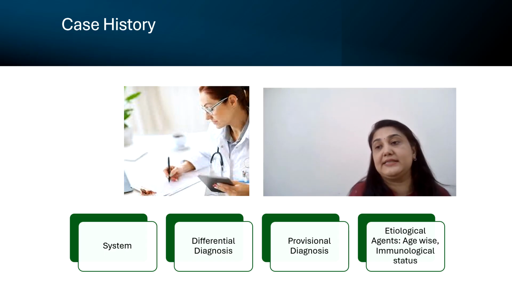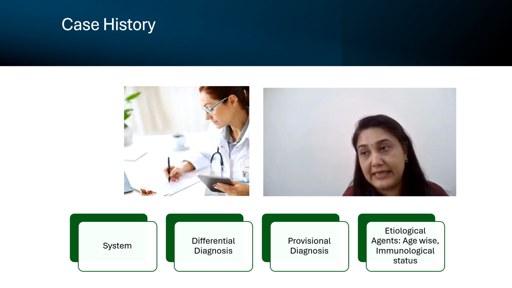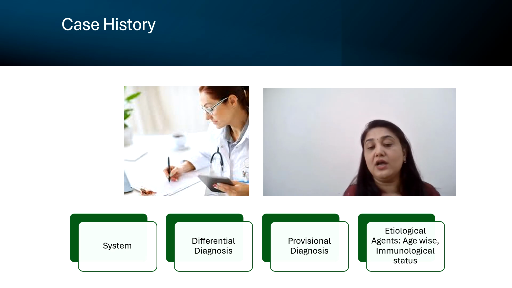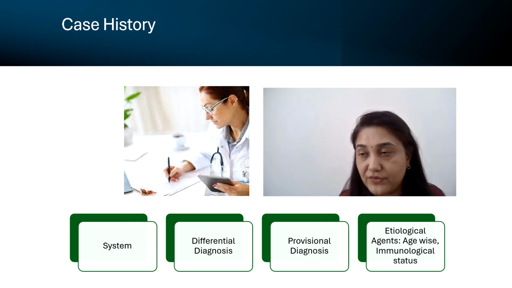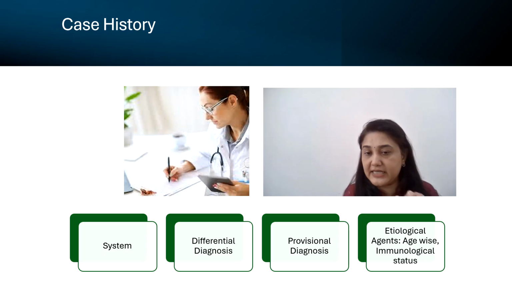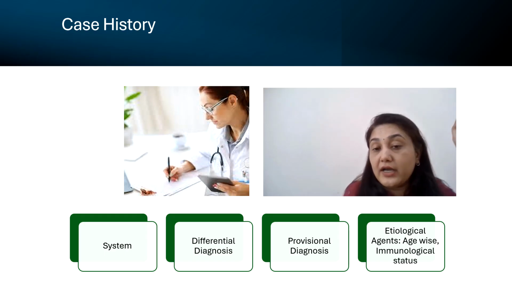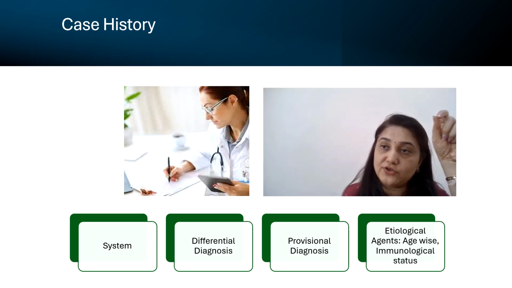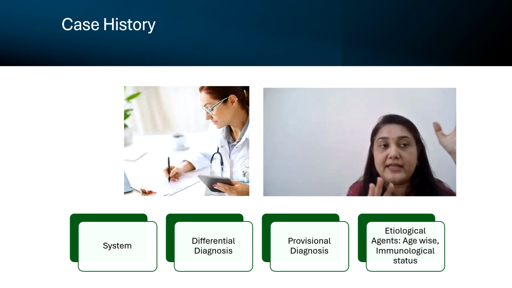Later, if the history is given, the CSF examination etc. will also be provided. With the provisional diagnosis, in this case we can keep it as meningitis. With a different history, it becomes a different one.